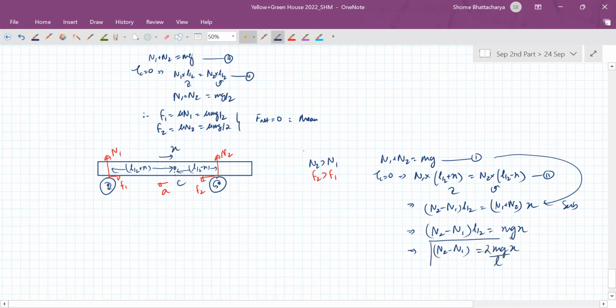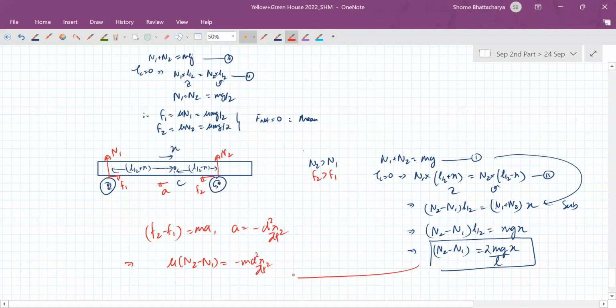Now along the horizontal, the net force F2 minus F1 is equal to ma, where a is minus d2x by dt square. So that is mu into N2 minus N1.